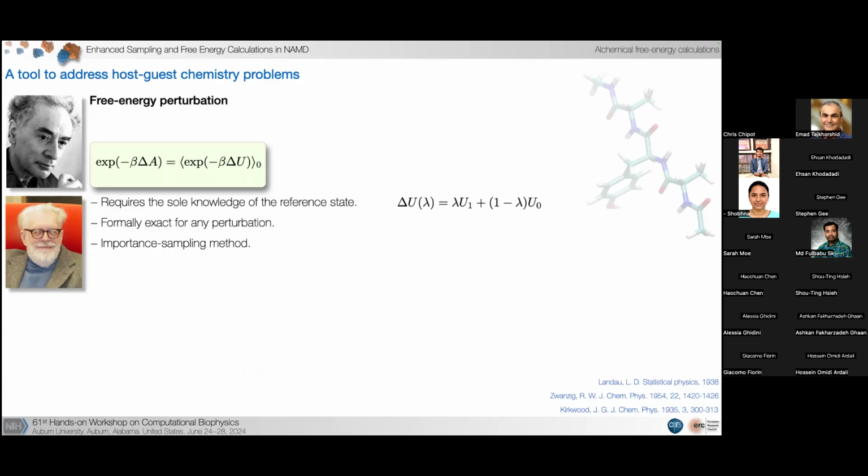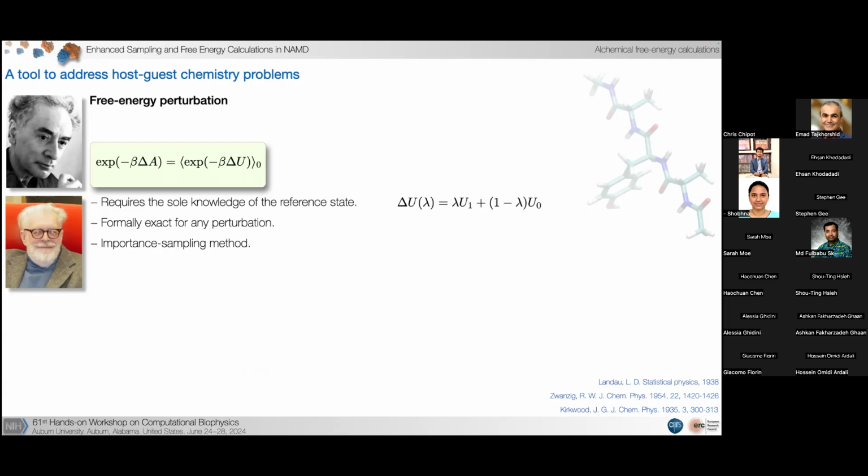Delta U is the difference between the initial state and final state of the transformation, and this is an ensemble average with respect to 0. I'm going to use this convention: 0 will be my initial state, and 1 will be my final state. The beauty of this expression is that I only need to sample the initial state to infer a free energy difference between the initial state and the final state.